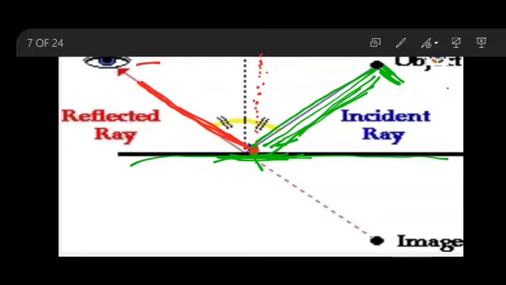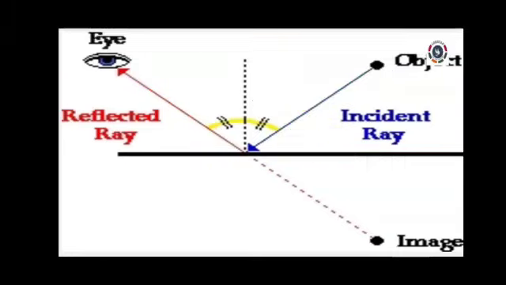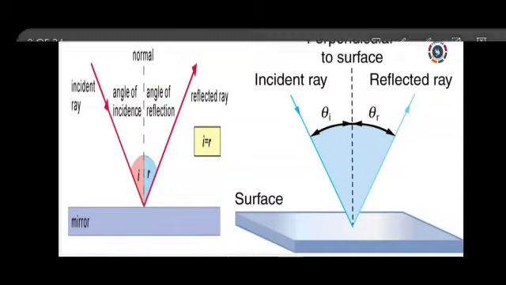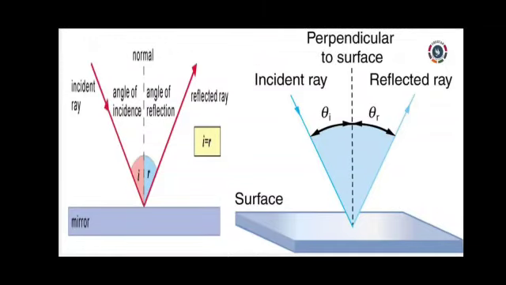Let's see what the angle of incidence and angle of reflection are. Some angle is formed here; by drawing these lines we can get some angles. Can you get my point?